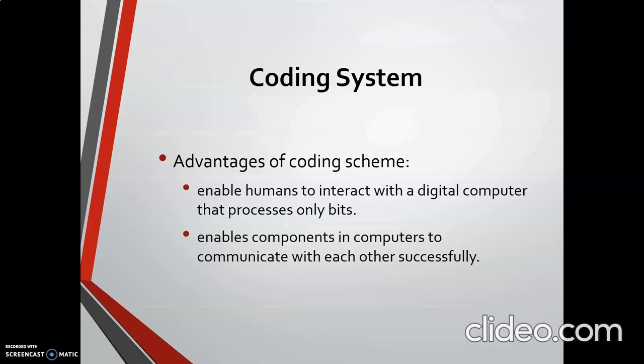So the advantage of a coding scheme is that it enables humans to interact with the digital computer that processes only bits, because when we are using the same standard, we can create programming languages, programs and so on. Also, a coding scheme enables components in computers to communicate with each other successfully.